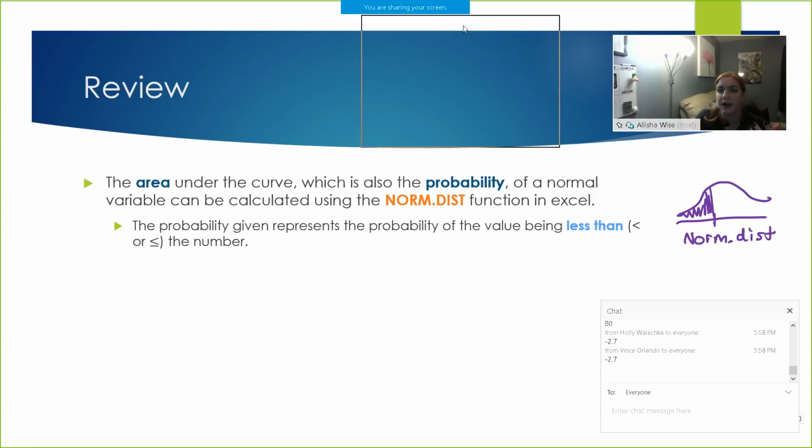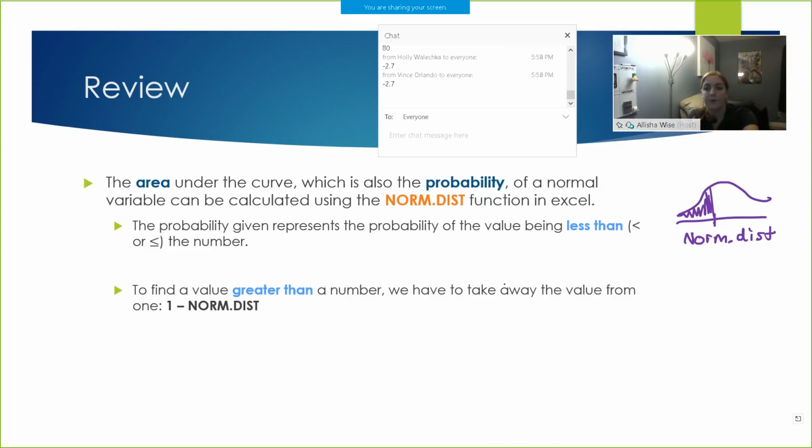Nothing too exciting there. Now, what if we're trying to find a value greater than that number? So everything to the right of that number, larger than. We're going to have to use 1 minus norm.dist.